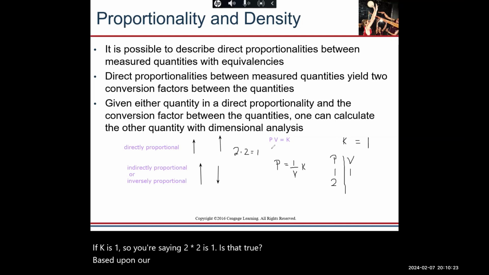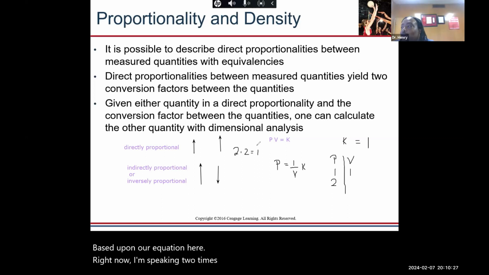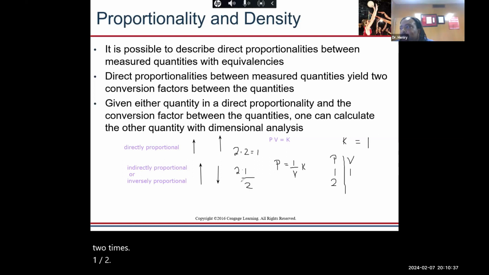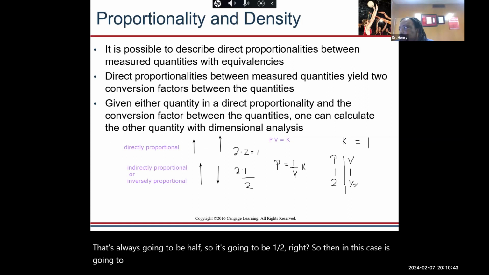Oh, no, I was thinking 2 times 1. Yeah, so it would have to be a half, because we want to get 1. 2 times 1 over 2 is always going to be 1. So our volume is going to be 1/2.